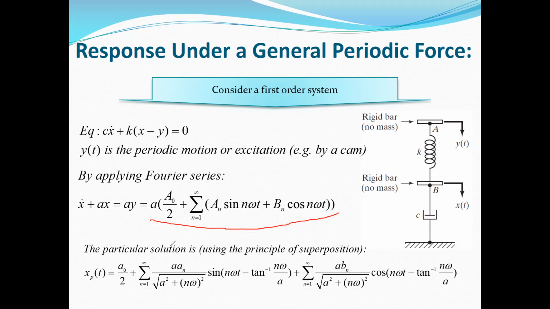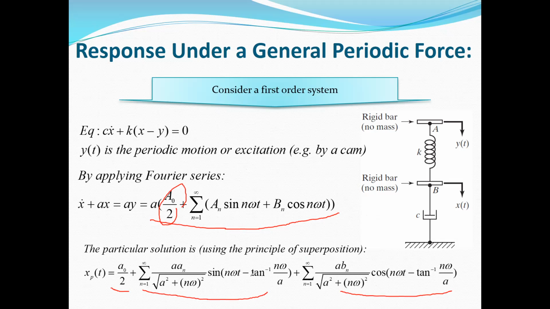Using the ODE theories, you can find the particular response for these functions, which is a naught divided by 2. This is the constant part because of this term. And this is the sine harmonics, and this part is the cosine harmonics.